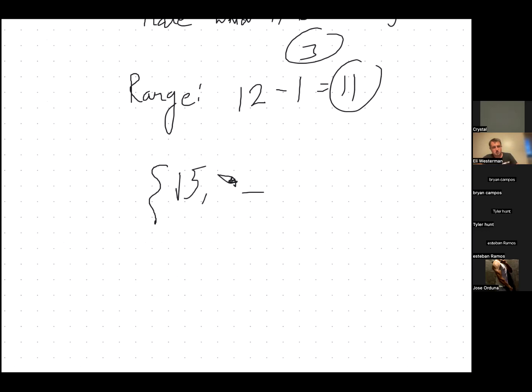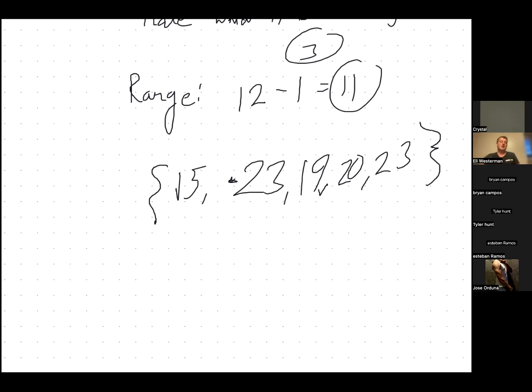So we have 15, 23, 19, 20, 23. So find the mean, median, mode, and range for me. So M, M, M, R. Find those for me. And then when you get them, throw them in the chat. Lay it on me.